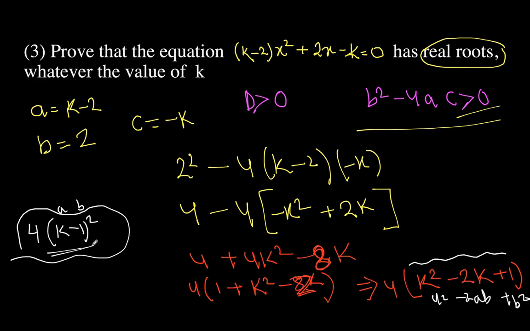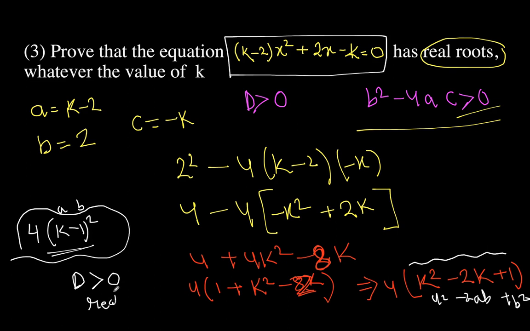If you multiply a positive number with a positive number, you are always going to get a positive number. So we have shown that for this equation, the discriminant is always greater than 0. So this equation will always have real roots. Okay, we are not talking about different or distinct, we have just proved that the D is always greater than 0.